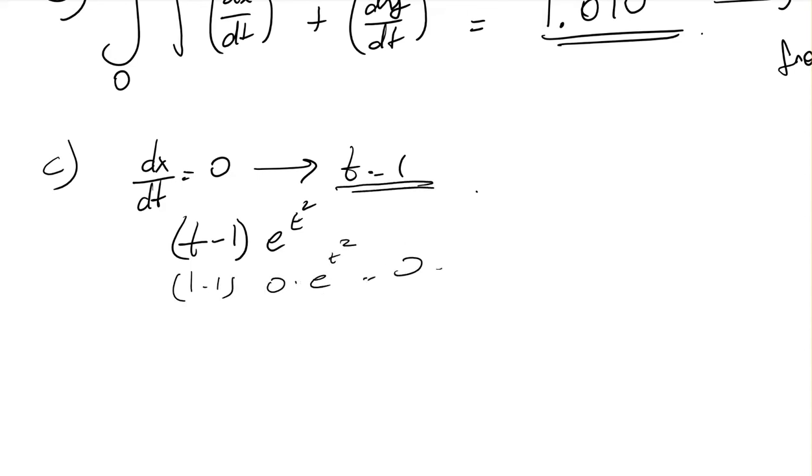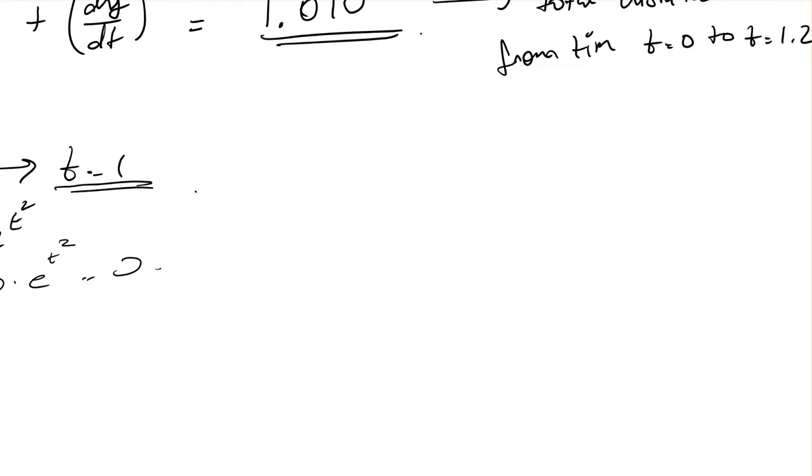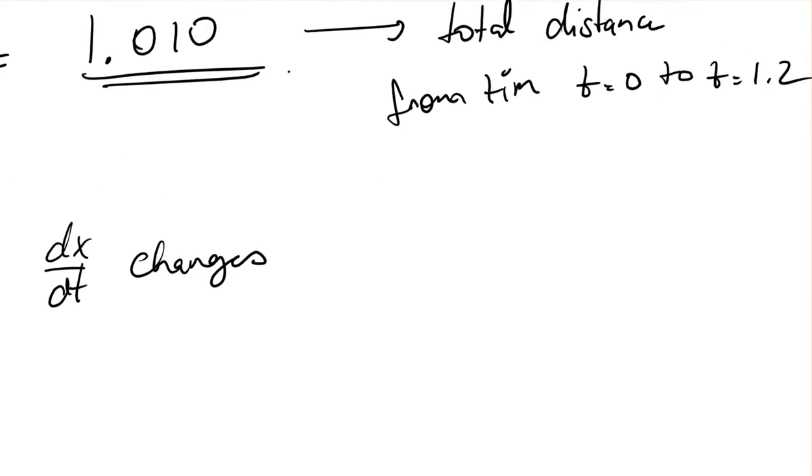So at time t equals 1, dx/dt is 0, which means that dx/dt changes sign, because there's a 0 in the velocity vector.